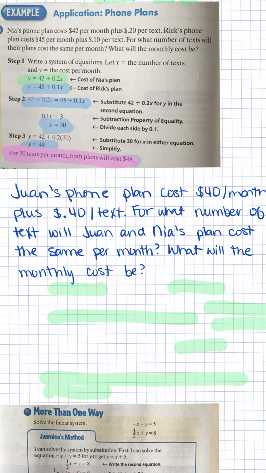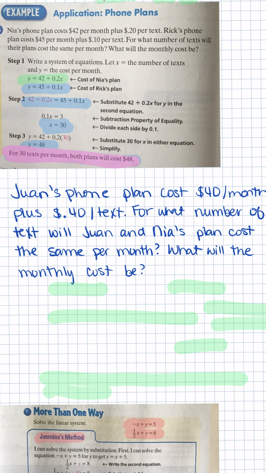Okay, so now let's take a look. There are definitely more than one way to solve things. So solve the linear system. Here's our system: negative x plus y equals 5, 1/2 x plus y equals 8. Jasmine says she can solve the system by substitution.